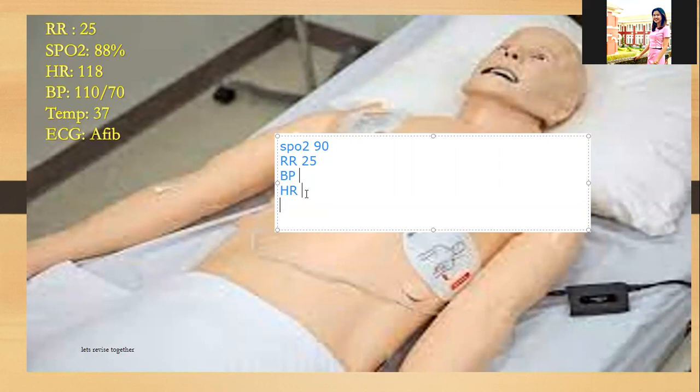Since my patient is talking, he is oriented. So John, can you please squeeze my hand? Yes, doctor. GCS is 15 out of 15. I would like to do the head-to-toe examination to know whether there is any leg swelling or inflammation.